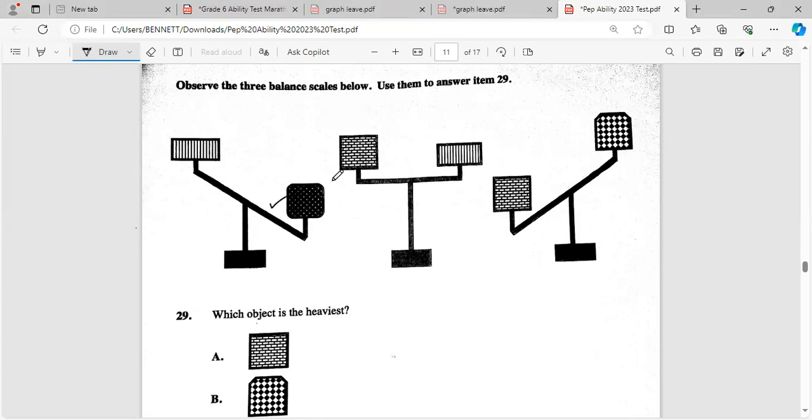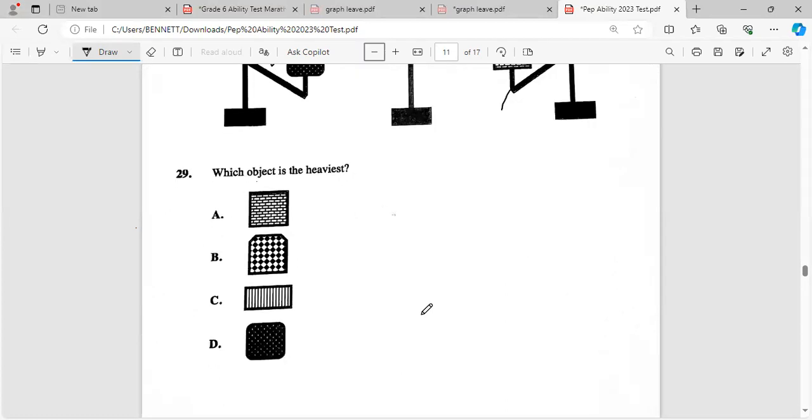So this is the heaviest. It makes sense, right? Everybody agree? This is way heavier than this, and this is almost the same weight. So we can eliminate. When it goes down like this, it means that this is heavier. So the black one is the heaviest.